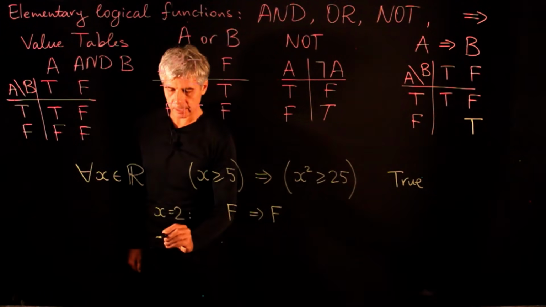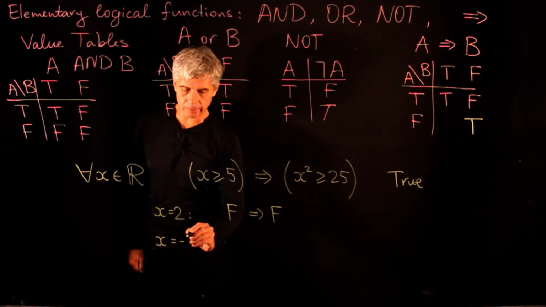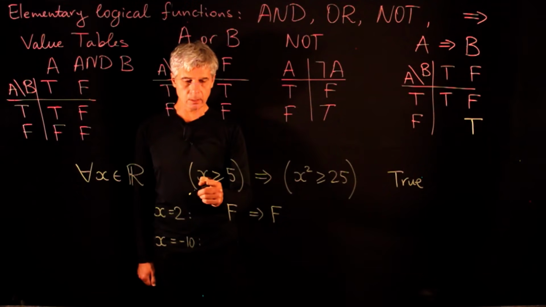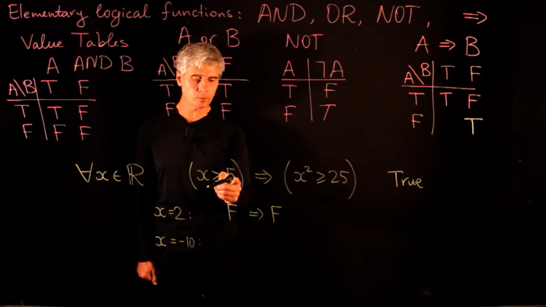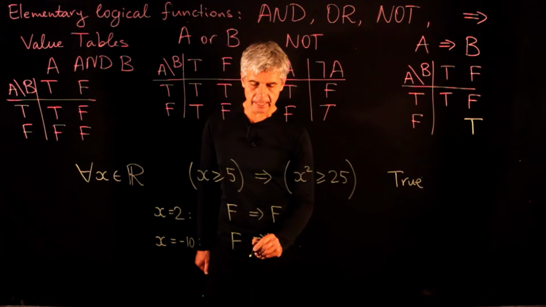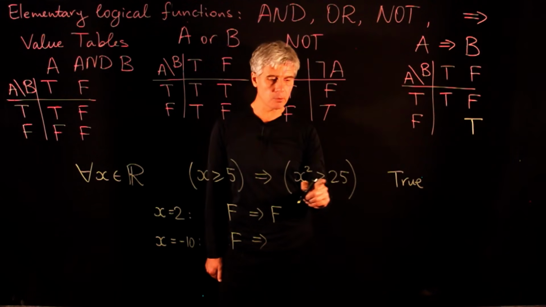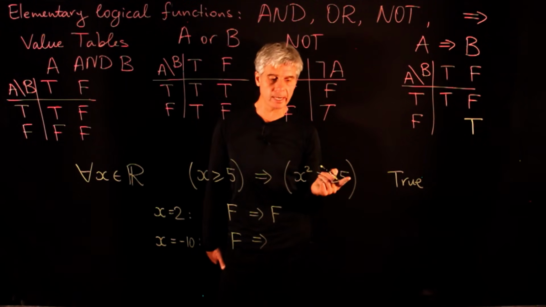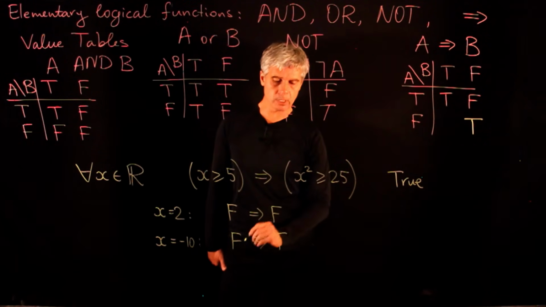Now let's consider another example. Let's take x to be negative 10. In this case, negative 10 greater or equal to 5 is a false statement. But x squared is greater or equal to 25, since minus 10 squared is 100, so that becomes a true statement.